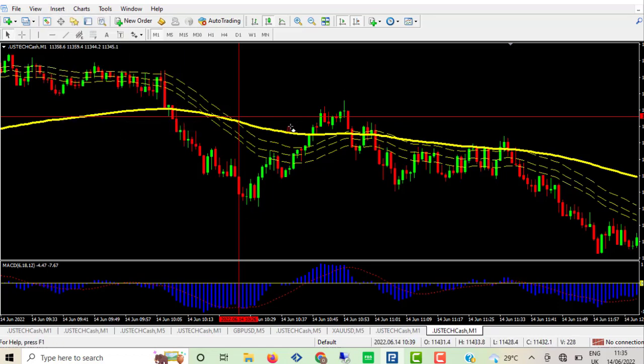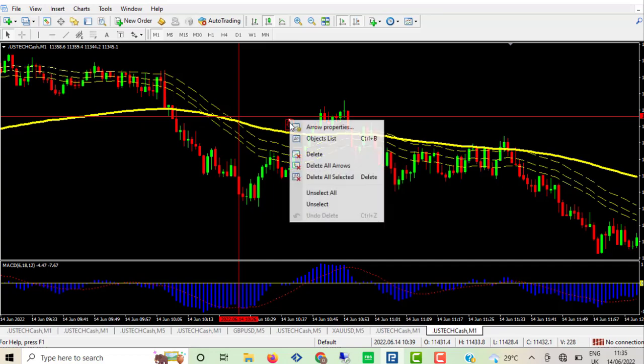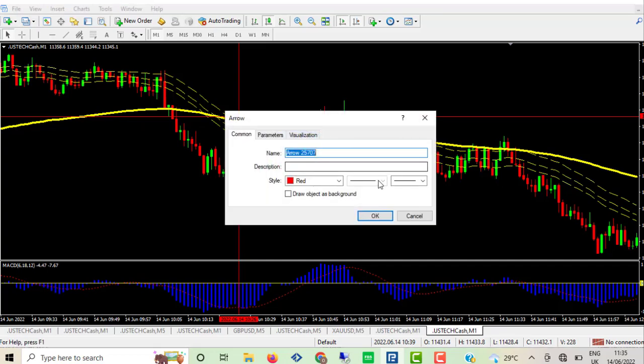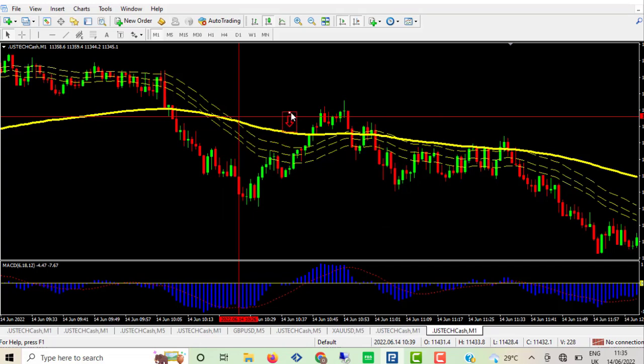This particular yellow line, this thick one, as you can see my cursor, the three MAs must actually cross above this thick moving average before we can consider either to take a trade or not.